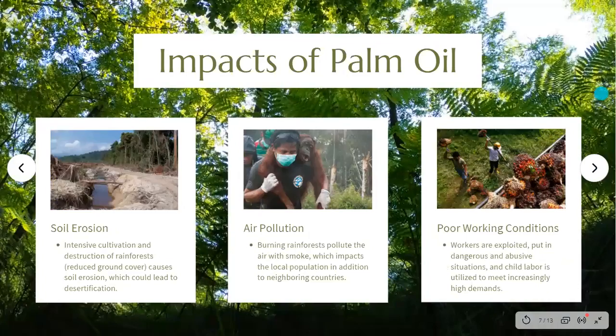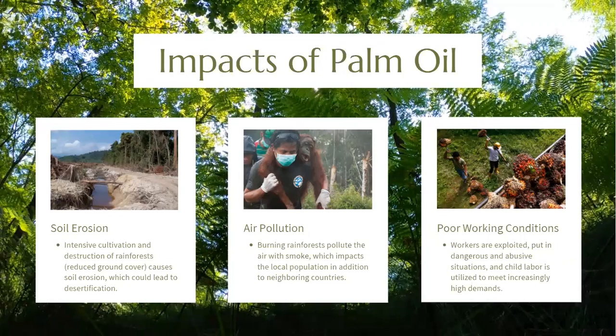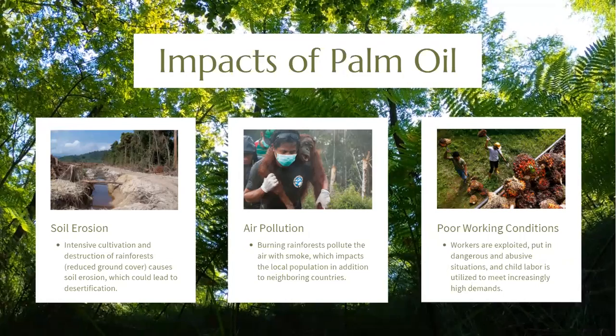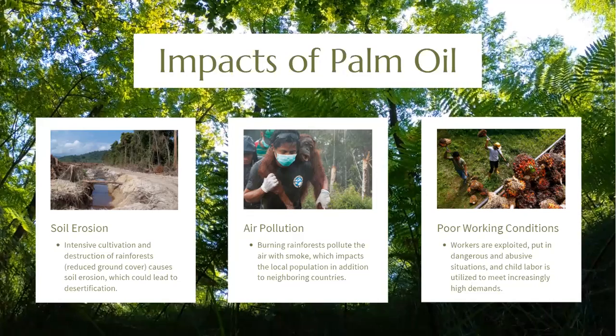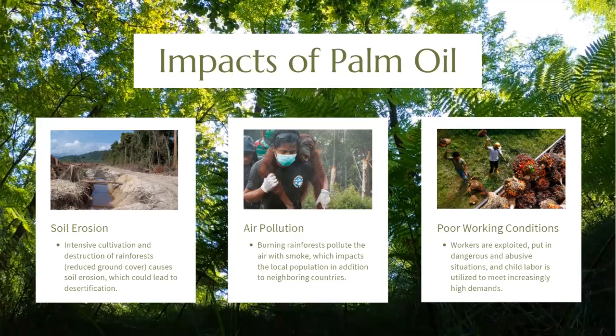More environmental impacts from palm oil are soil erosion. This is one of the main ones, because rainforests are cleared to make way for palm oil, and that leads to reduced ground cover, which leads to a lot more environmental impacts. And then also air pollution.